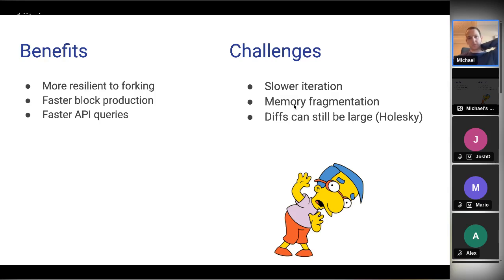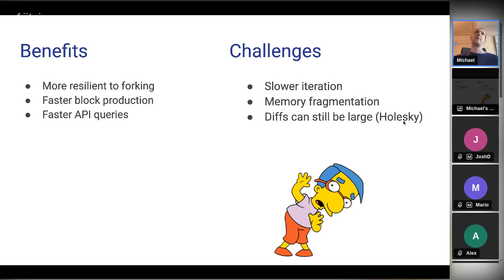And then the diffs in memory, they're not diffs per se, but these new nodes that you get when you mutate a data structure, can still be large. This is something that sort of caught us off guard with Holesky, because we had the state cache size set to 128, which was very aggressive, I guess. During the non-finality incident, we ended up with all of these very different states where the diffs were very large.